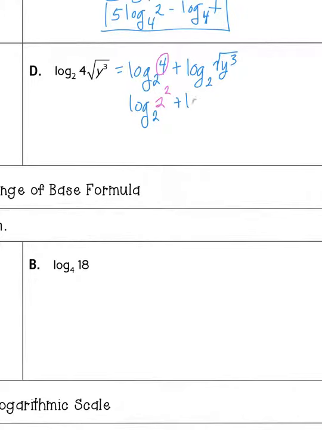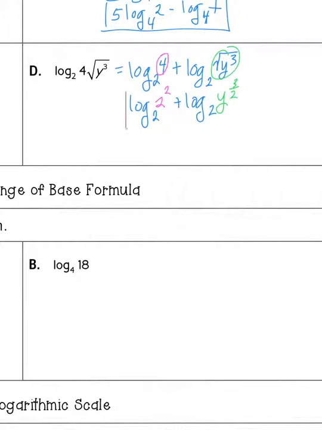plus log base 2, and then the square root of y to the third can be written with a fractional exponent. So remember that the index of this radical goes as the denominator here. So I can write this as y to the 3/2. So now I can do a couple things.